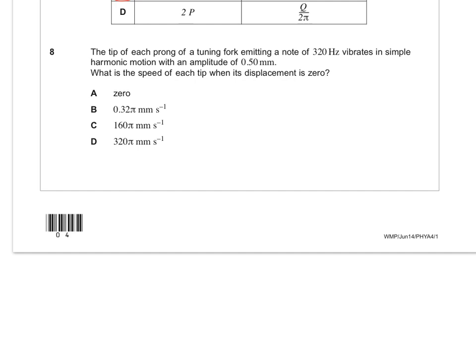The tip of each prong of a tuning fork, emitting a note of 320 Hz, vibrates in SHM with amplitude 0.50 millimeters. What is the speed of each tip when its displacement is 0? So that is going to be essentially the Vmax, which is 2 pi f a.